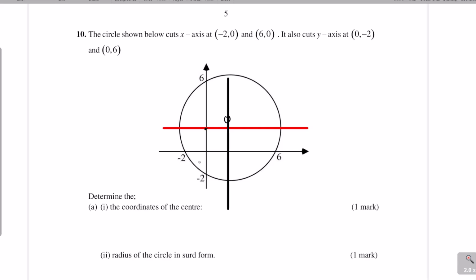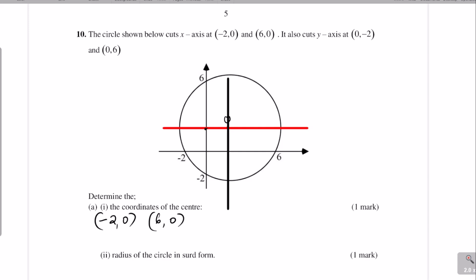So this point is (-2, 0), and the other one is (6, 0). So these are the endpoints of this chord. So we get the midpoint. How do we get the midpoint?